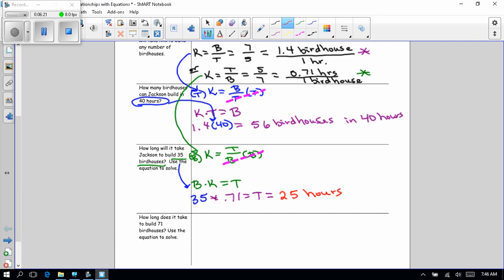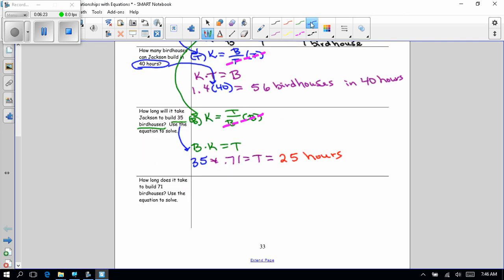Okay, now let's do the last one. How long does it take to build 71 birdhouses? 71 birdhouses, time, right? We're looking for the time. So which of these equations do I want? I'm going to use the one that I just used right above. Time is equal to the number of birdhouses, in this case 71, times the constant of proportionality, which is 0.7.